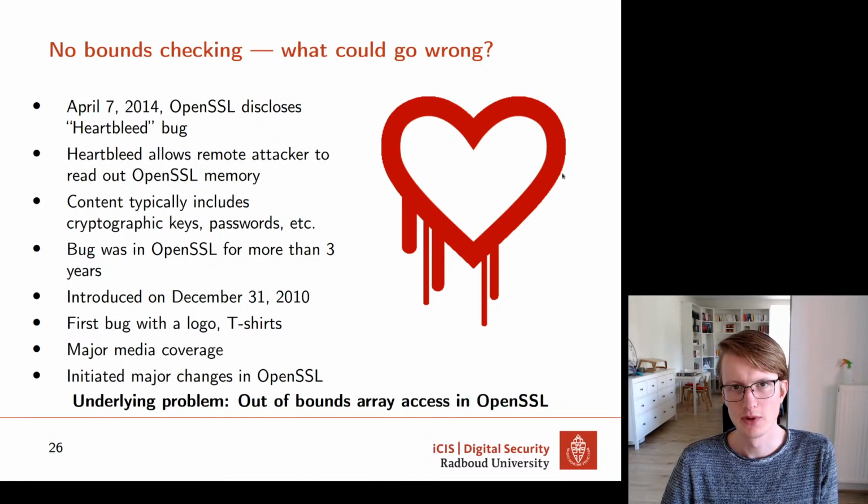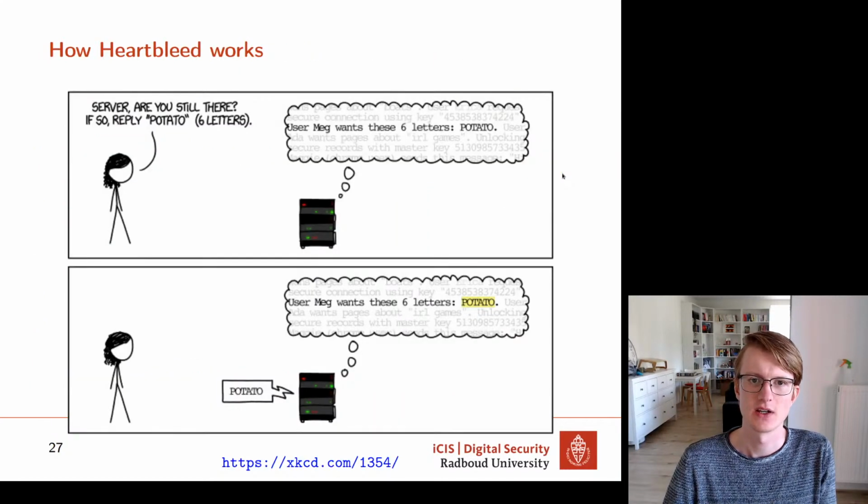The underlying problem was out-of-bounds array access. XKCD made a super nice comic. Basically, you could send a request to the server, and you had to include how long the request was.